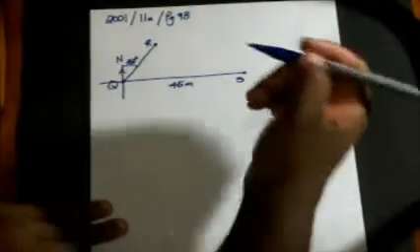Lastly, we're told that the bearing of S from R is 110 degrees. Now the point that comes after the word from is the point R. So it's the bearing of S from R. I want to ensure that they're connected by a straight line. I just drew my north-south line, and this is my east-west line. So this is north.